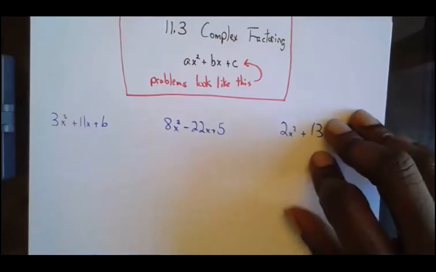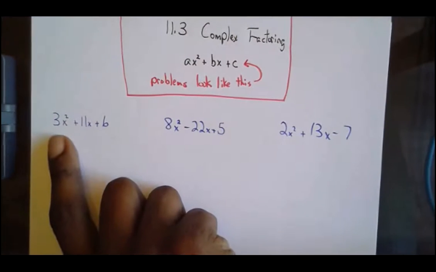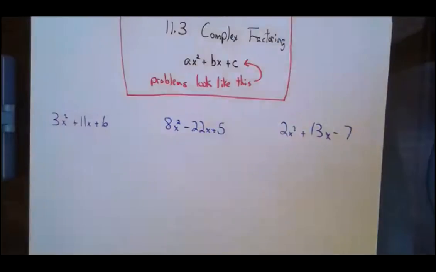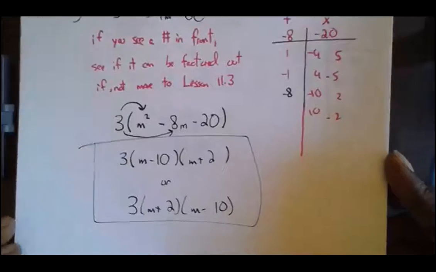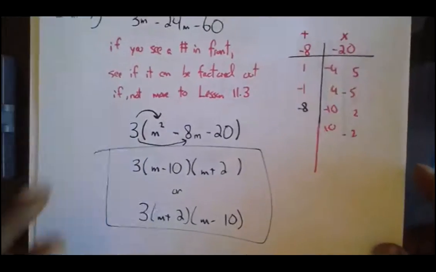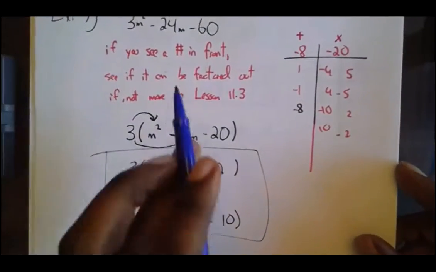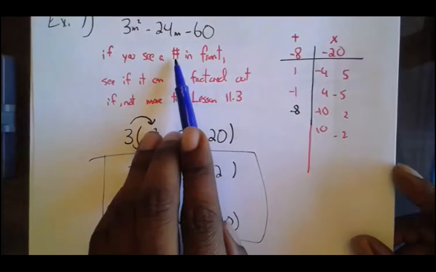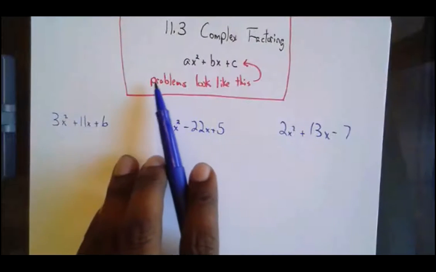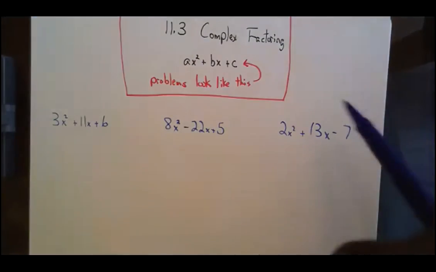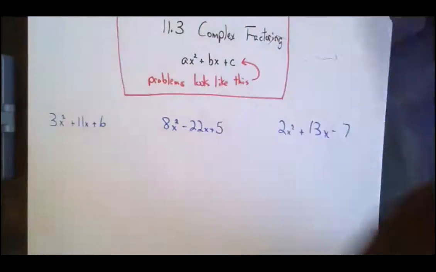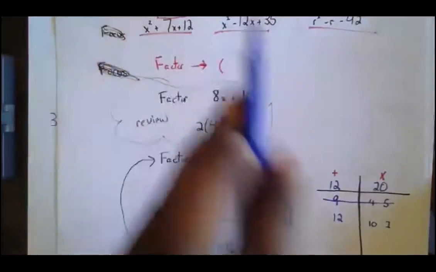All right, so everybody, I want you to notice something. I'm going to do my best with trying to explain this. Go back to lesson example 7. So if you see a number in front, problems look like this. Look at this. There's an A in front. If there is no number in front, then we do this.